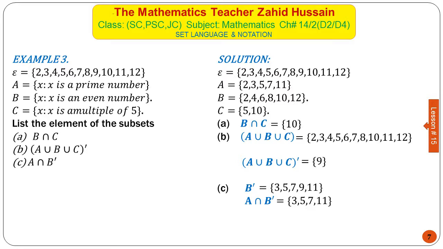So after this lesson number 15, we are able to find intersection, union and complement and combinations of operations. So after this please memorize definitions of subset, overlapping set and disjoint set, and union, intersection and complement. These concepts will be used in drawing the Venn diagram and solving the problems.